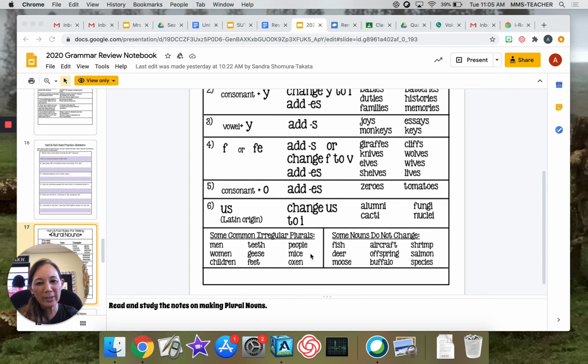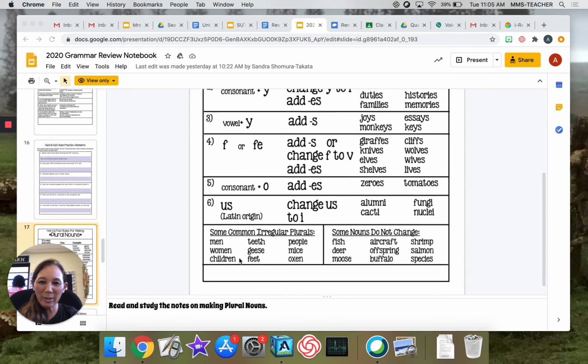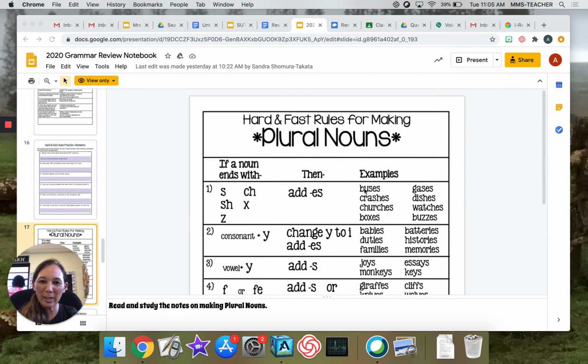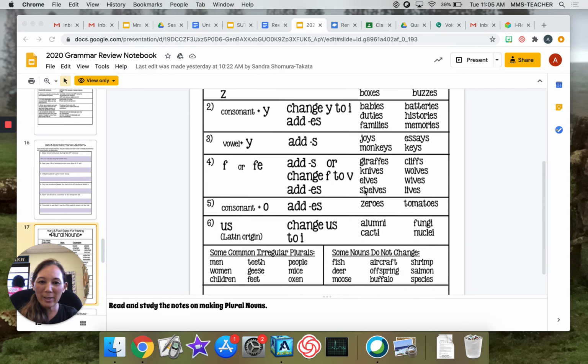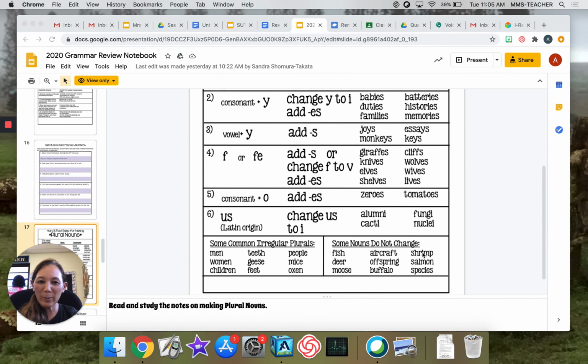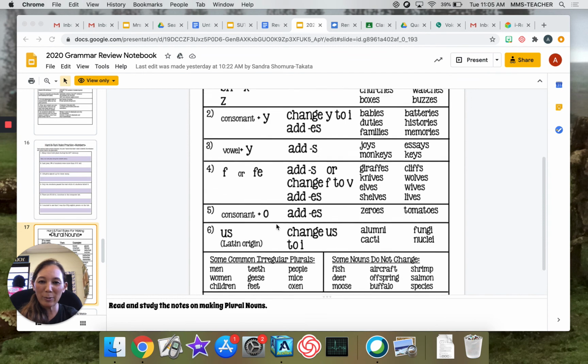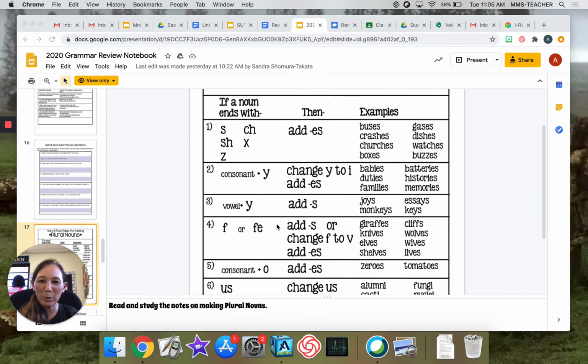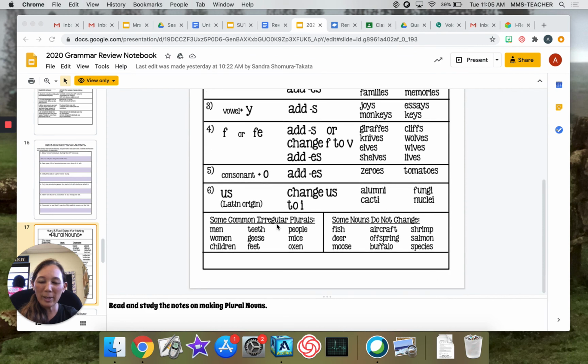Okay, and here are some common irregular plurals. Again, these irregular plurals don't fit into any of these categories up above. And same with these nouns. They don't fall into any of these rules 1 to 6. But as English speakers and English writers, these are just some things that we have to know.